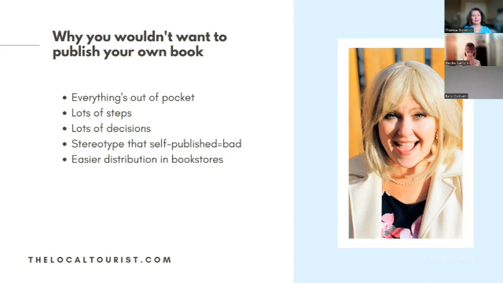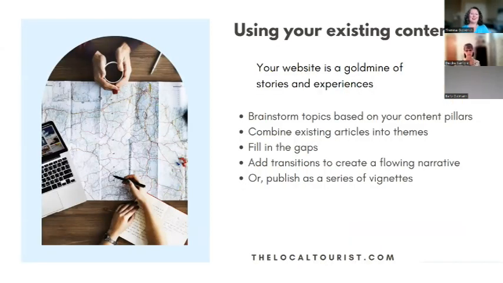But it's easier if you're traditionally published. They have all of those funnels and silos and connections in place. So it's a lot easier. If your dream is to be in all the brick and mortar bookstores, then traditional publishing is probably the way you want to go.